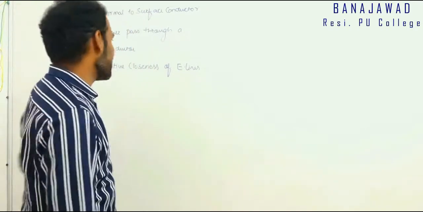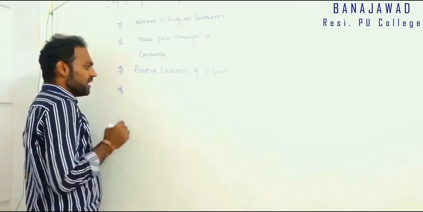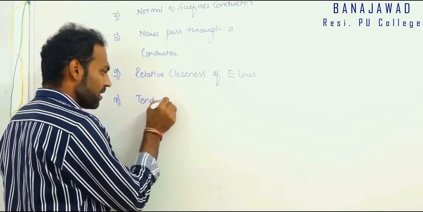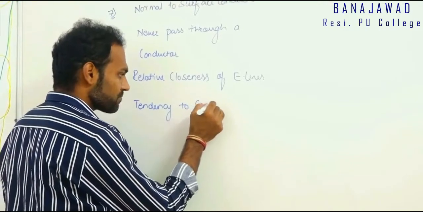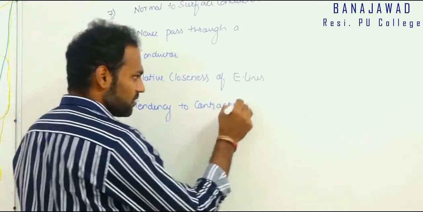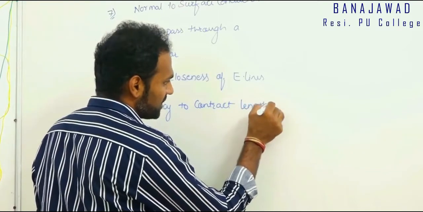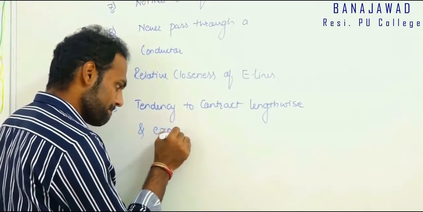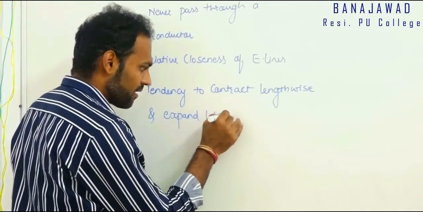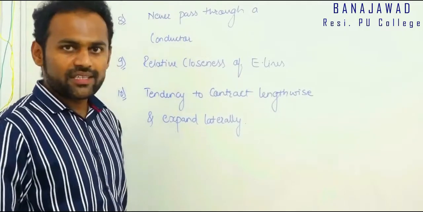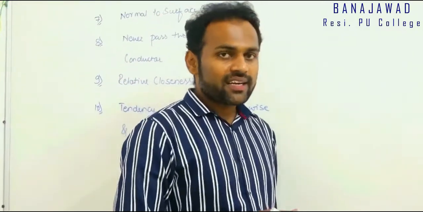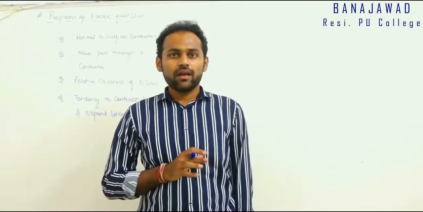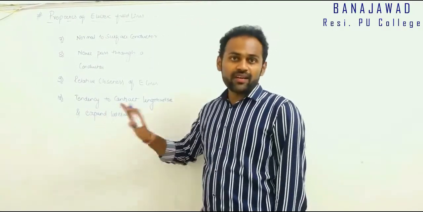So what is this contract lengthwise and expand laterally? See, contracting lengthwise means it will explain to us about the force of attraction. And expanding laterally means it will tell us about repulsion.